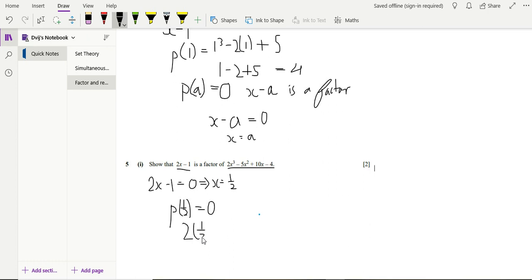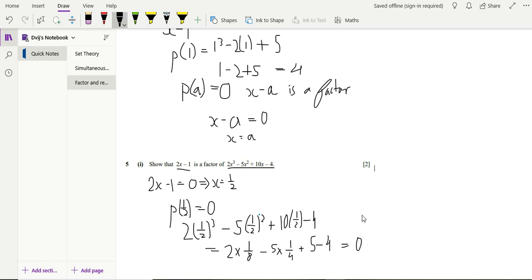So 2 times half cubed minus 5 times a half squared plus 10 times a half minus 4, and that's 2 times 1 over 8 minus 5 times 1 over 4 plus 5 minus 4. And if you type that into your calculator, you will get 0. Let's just check it works.